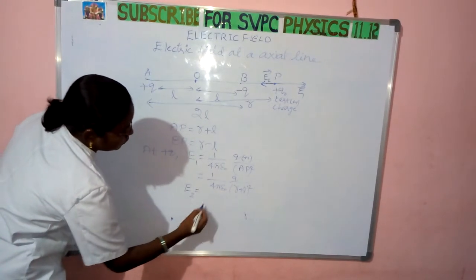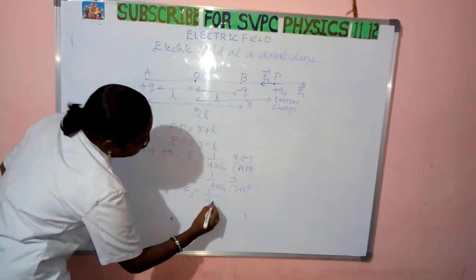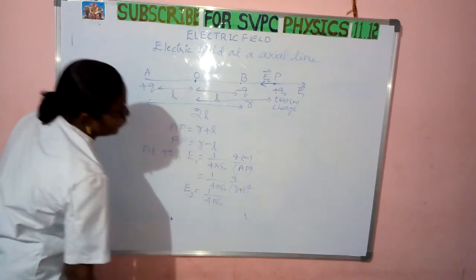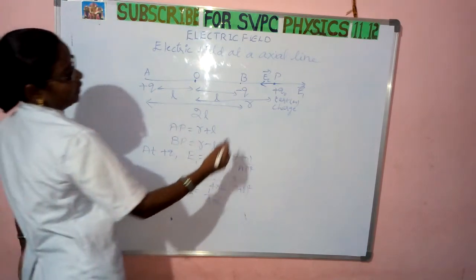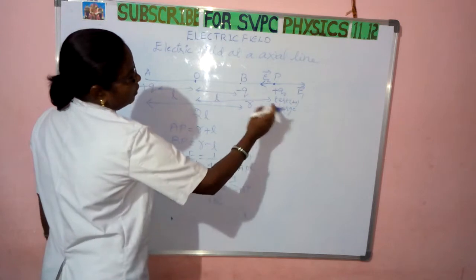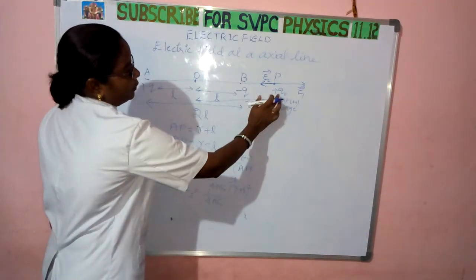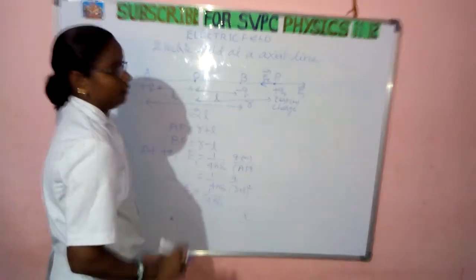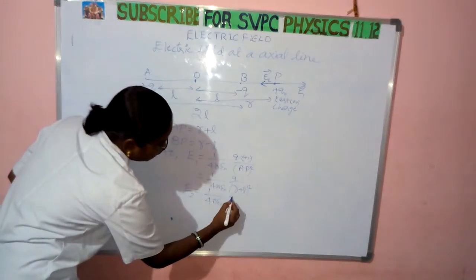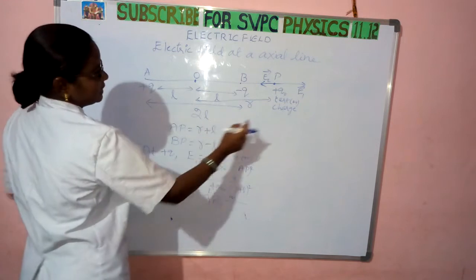Then what about E2? Similarly, 1 by 4 pi epsilon naught, Q1 Q2 by R square. What is Q1 here? Minus Q, but we only have to consider the magnitude, so Q. What about the test charge? Plus 1, so it is Q only. Q divided by, what is the distance?